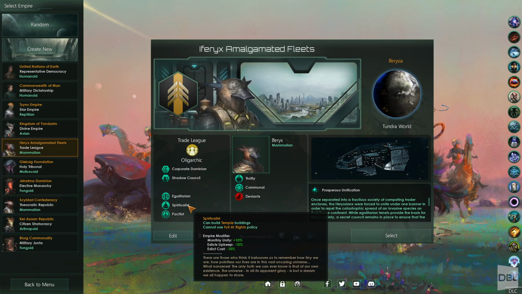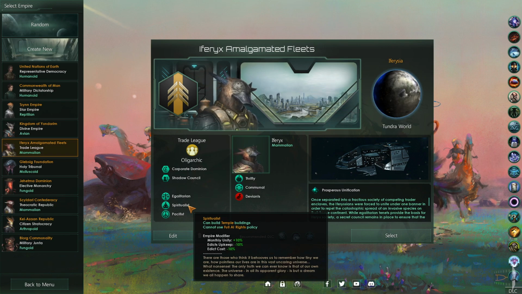Empire modifier, monthly unity plus 10, edicts, upkeep. Let's see. There are those who think it behooves us to remember how tiny we are, how pointless our lives are in this vast, uncaring universe. What nonsense. Well, I mean, that sounded good to me. The only truth we can ever know is that of our own existence.